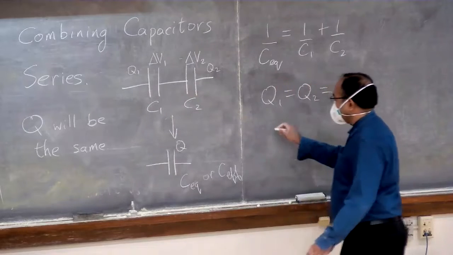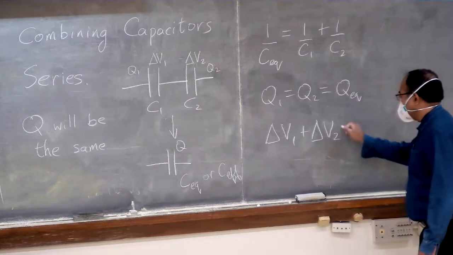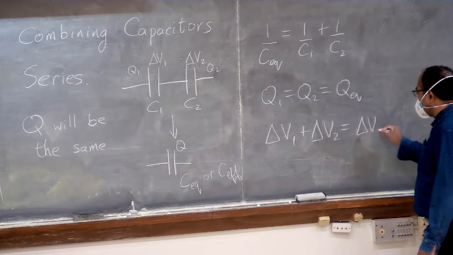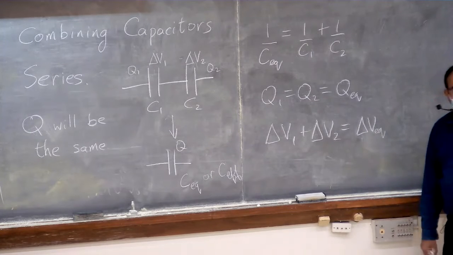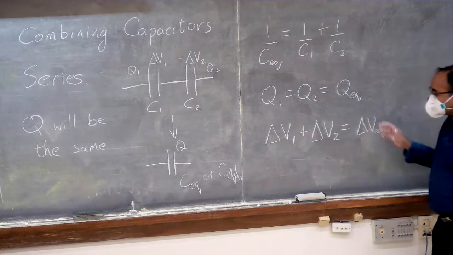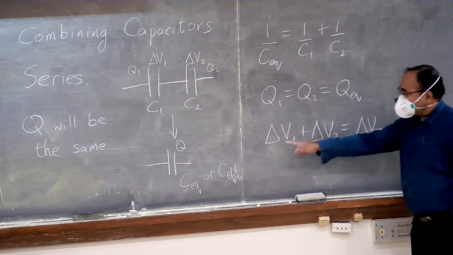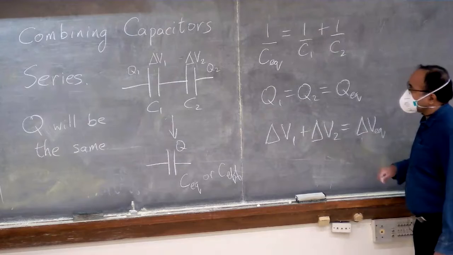So we should have delta V1 plus delta V2 equals delta V equivalent. Does that make sense? We don't want to disturb the rest of the circuit. We just want to replace those two with an equivalent capacitance, so the potential drop should stay the same in total.